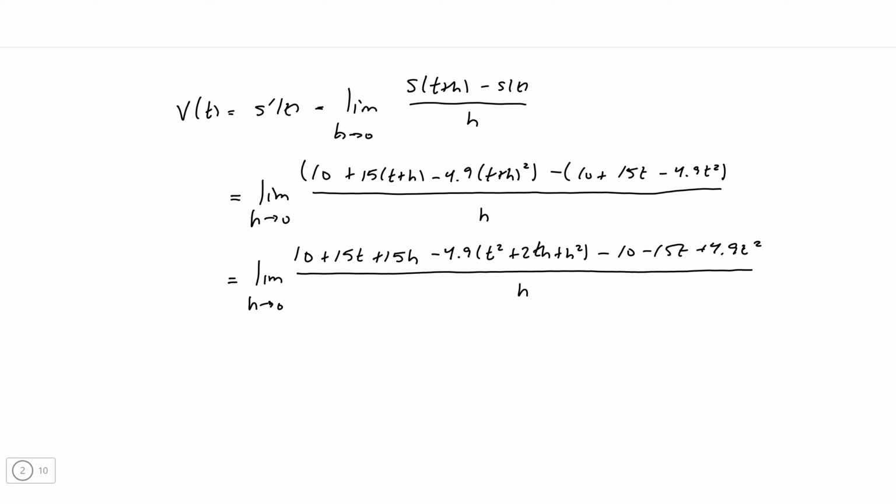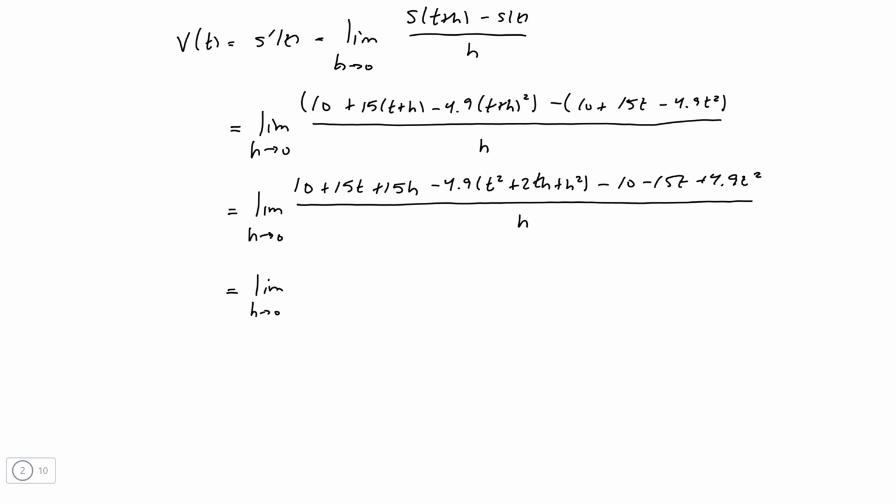We get some cancellation: the 10 and the 15t cancel, and the 4.9t squared cancels. I'm left with 15h, and when I distribute through, minus 9.8th minus 4.9h squared, all over h.